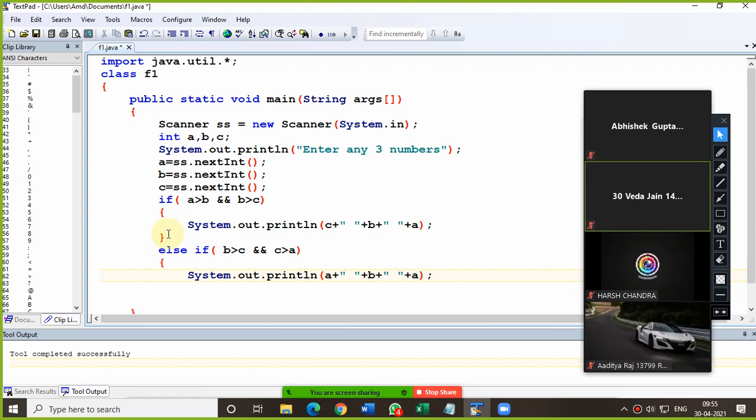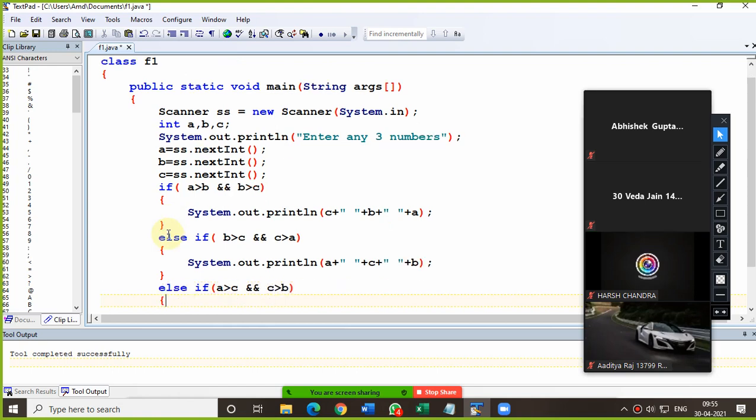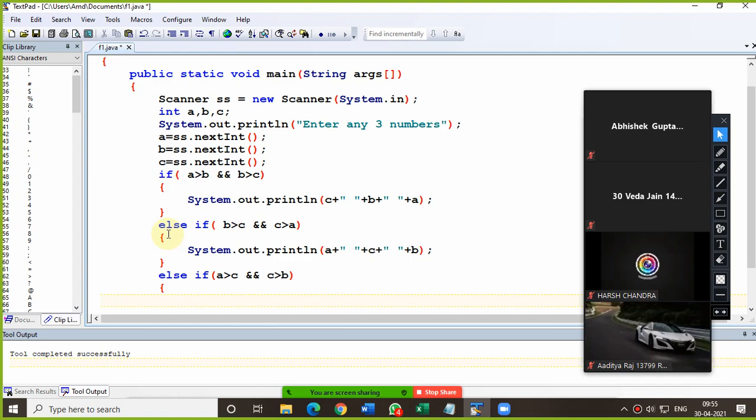A, C and B. Am I clear or not? Yes, sir. Now see, if this condition is true, then which sequence are we supposed to print? B, C and A.